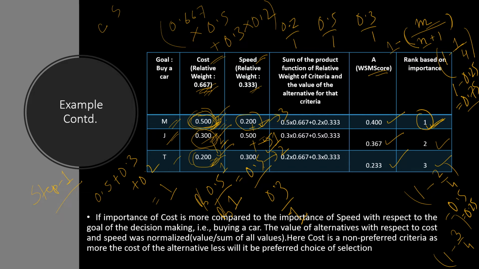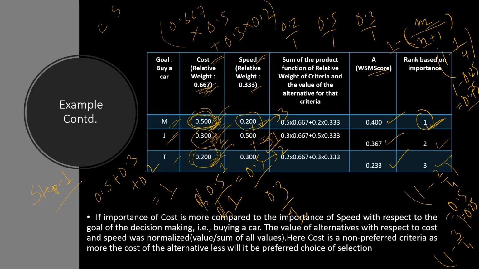And after then you multiply the value with the weightage of the respective criteria and add it with the product of the value of the other criteria and weightage of the other criteria, and you add them to find the WSM score.